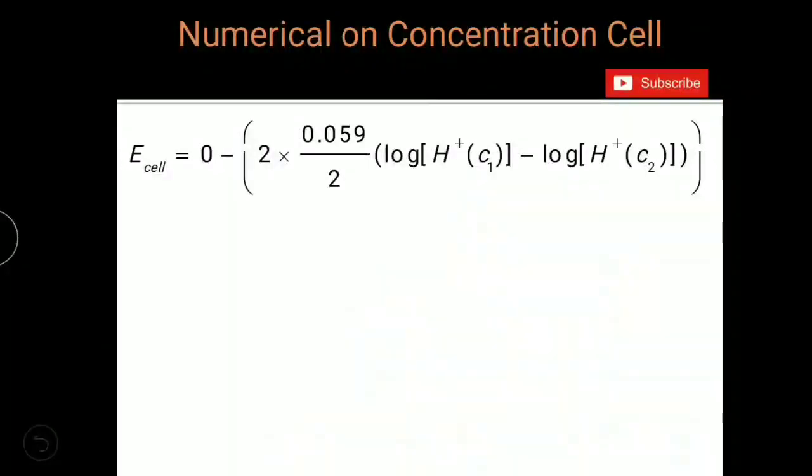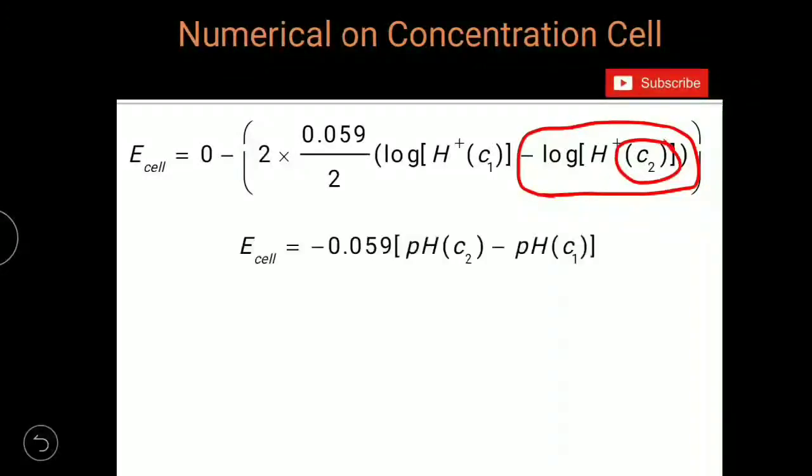And we know that negative logarithm of H plus is equal to pH. That's why instead of this minus log H plus you can write down pH. pH at which H plus concentration is equal to C2, and log H plus is equal to minus pH at which H plus concentration is C1.